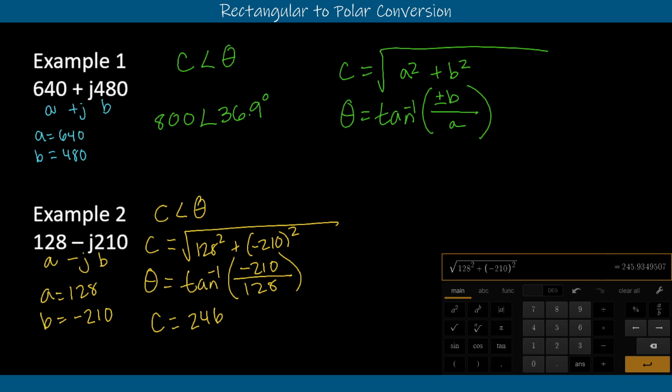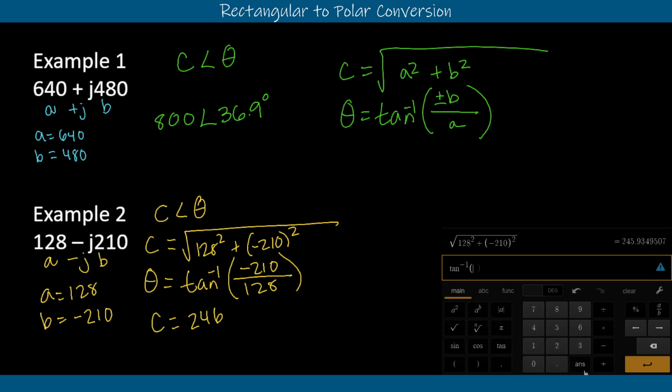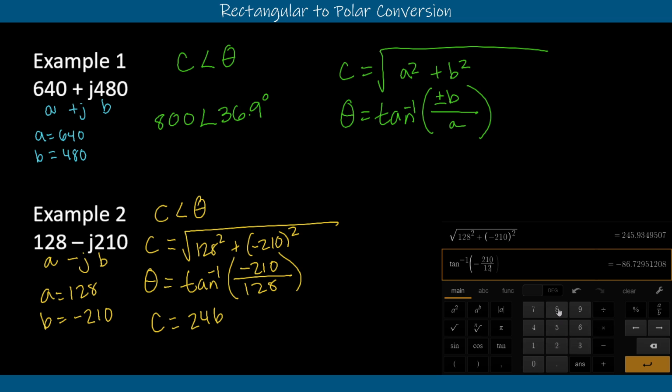We'll get our theta also. We plug that into our equation, and we have the function of inverse tangent with negative B on top, so negative 210, divided by our A, 128. We're okay with the negative dropping down here; it can be up here or down here, it'll be the same anyway. The final answer is going to be negative: negative 58.6.